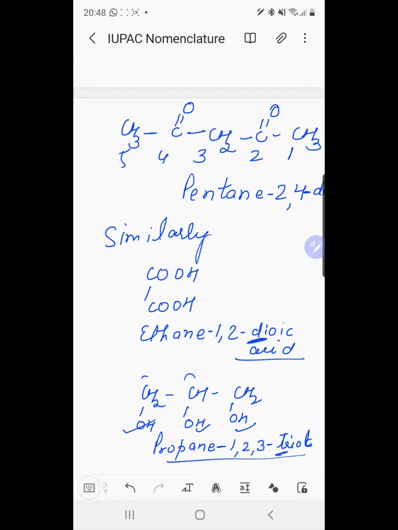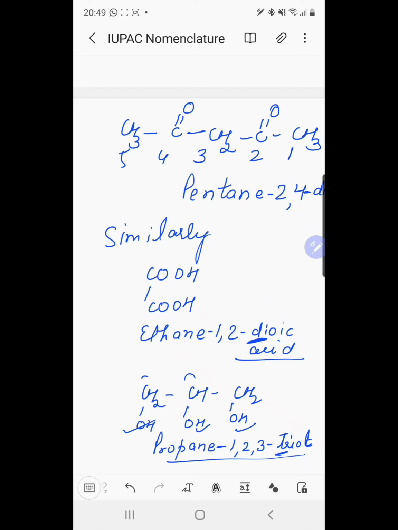So the basic rules are: select the longest possible chain of carbon atoms containing the functional group and the maximum number of multiple bonds as the parent chain, without caring whether it is the longest chain or not. The second rule is the lowest locant rule for the functional group. Name the parent chain in such a way that the functional group gets the lowest locant, even if it violates the lowest set of locants rule for substituents. The third rule is numbering the chain terminating functional group.